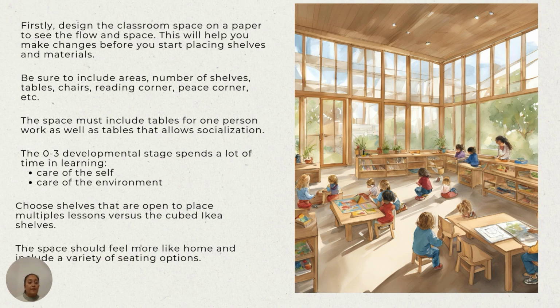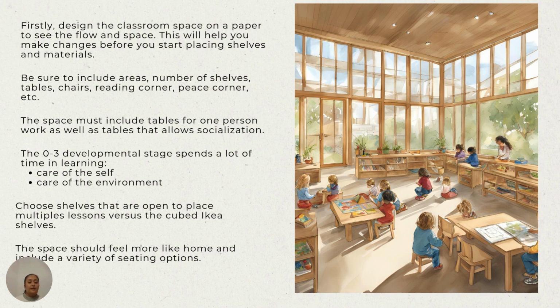Is there enough space for movement and exploration? Can you see the flow? Does the flow need to be changed? These are all the things you can see concretely when you draw it all out and map it out. And this would help you understand what needs to be altered in the physical space of your prepared environment or what needs to be added to it.